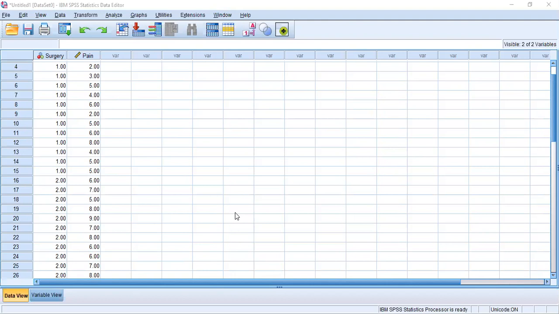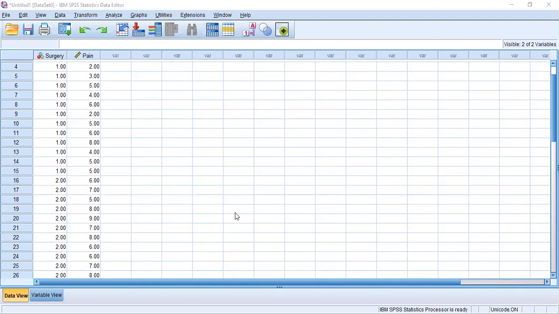Now let's come to the questions we have to answer. The C part asks whether there is a difference in the variance level. If you look at it, there is no difference in the population variance of the two samples. One sample is of MIS, the second sample is of TS, traditional surgery.